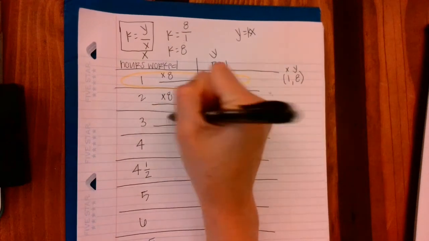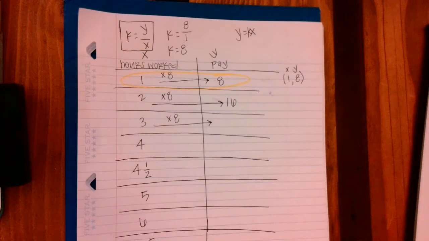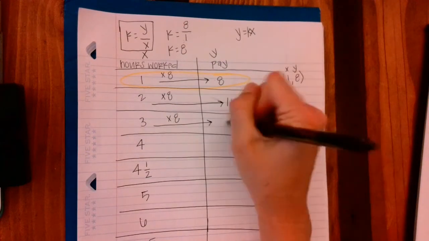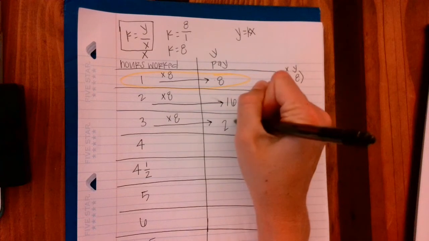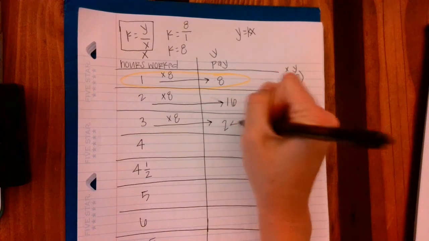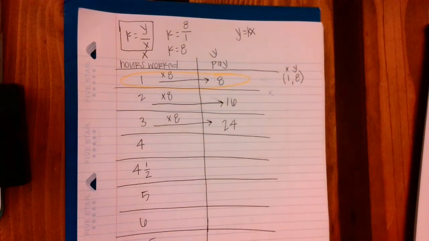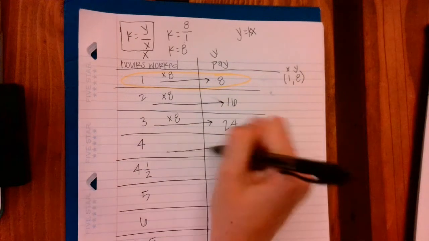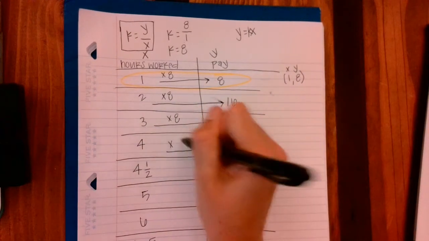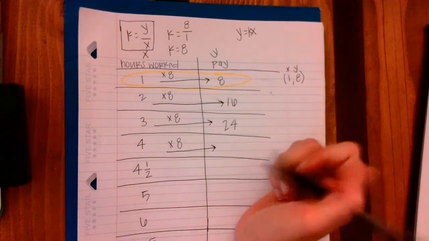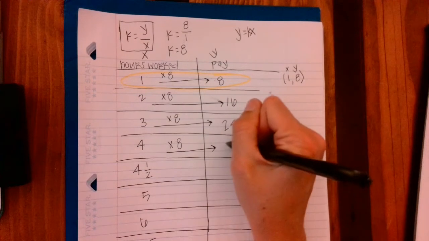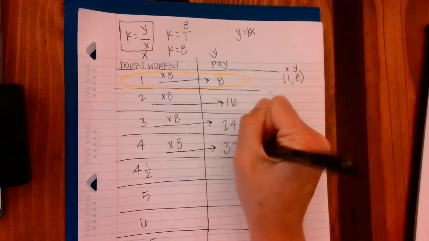Moving from my x to my y, multiplying by my constant. So that means in 3 hours, I will get paid $24. In 4 hours, times my constant, will let me know that I get paid $32.